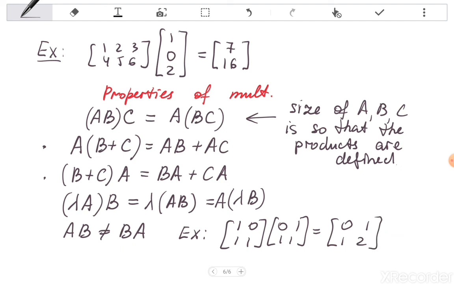And if we now reverse the order, multiplying first this times this, we get 0, 1 times 1, 1 is 1, also 1, 2, and 1 here. So you see the matrices are not the same. So it is very important that matrix multiplication is not commutative. When you write, for example, the distributive property, be careful. If you multiply B times A, you write B times A, not A times B. These are different things.